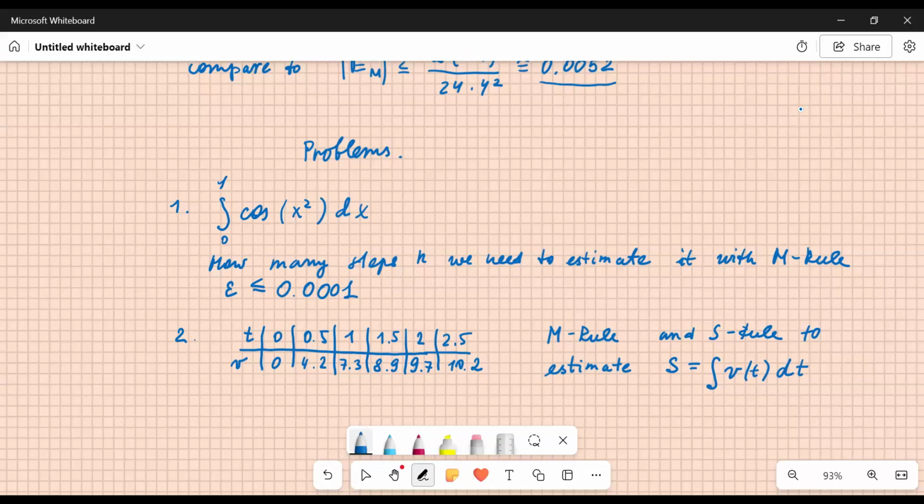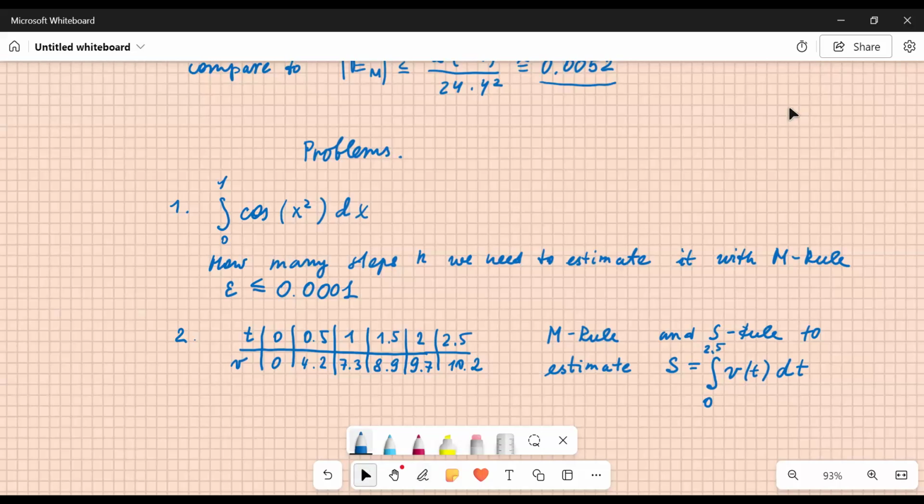Basically, guys, here my axis is t and v is going to be my function. And we are going to do it from 0 to 2.5 seconds, okay? Use the midpoint rule and Simpson's rule. How many intervals do you have? 1, 2, 3, 4, 5. Not supposed to be too difficult. Just plainly use the M rule and S rule to calculate.